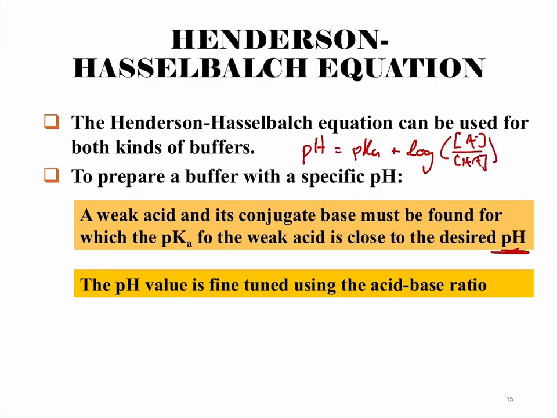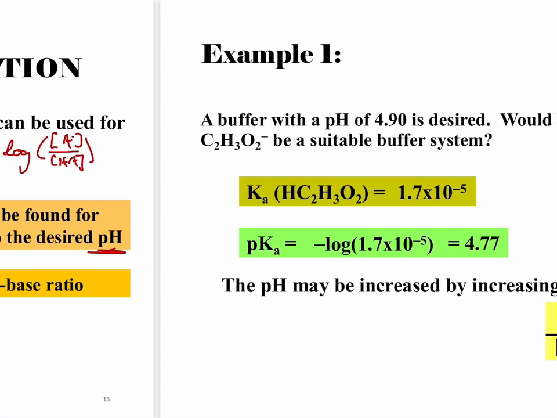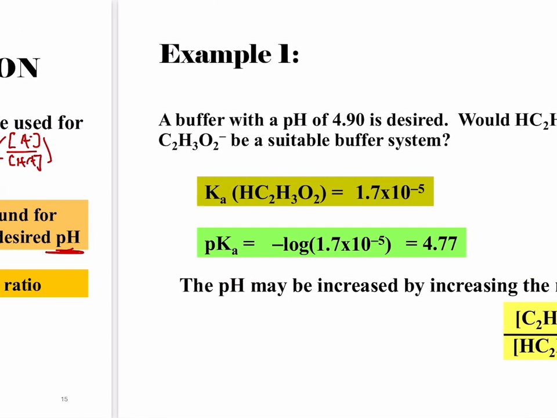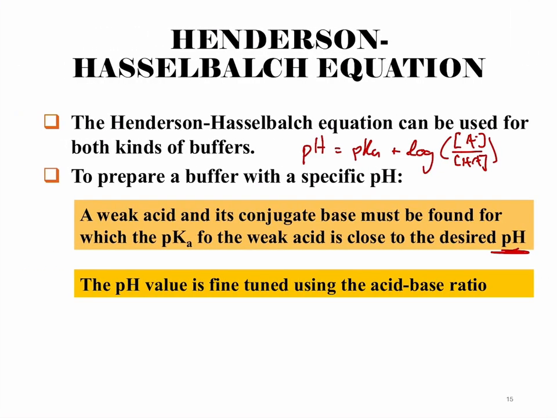How could you ensure that you have a pH directly equal to the pKa? Under what conditions do you have that scenario? When is the pH of your buffer solution equal to the pKa of your weak acid?